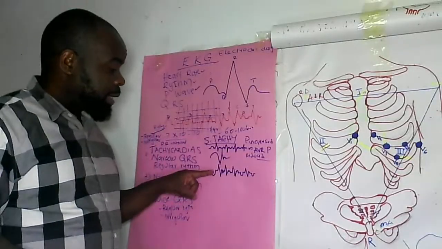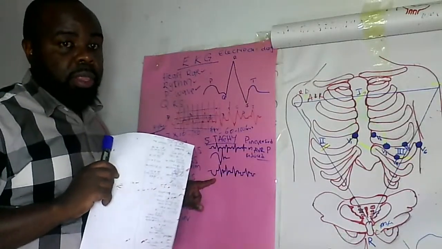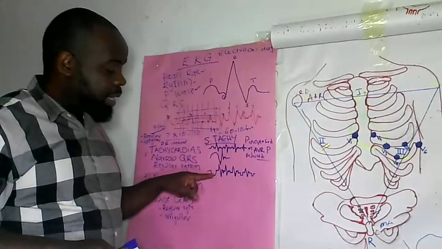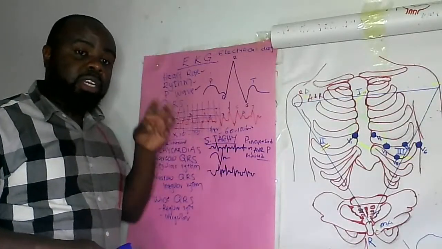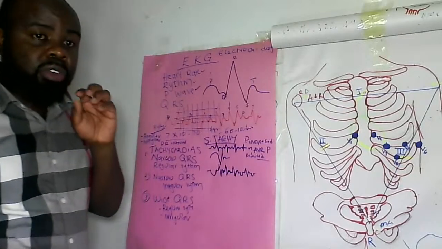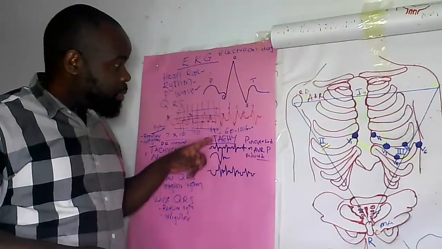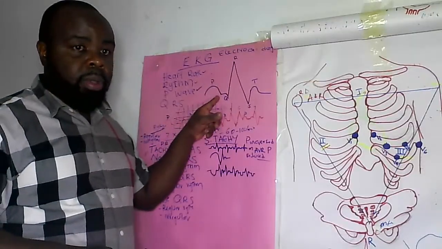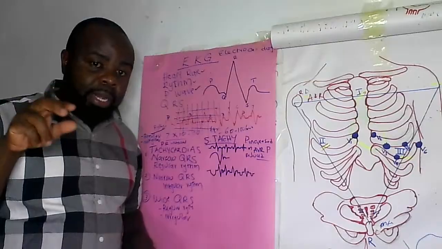So you find that the P wave, because it's of sinoatrial node, the P wave itself comes down instead of normally coming up. Because when the sinoatrial node fires, the P wave is supposed to go up. But now you have a focal point that is producing some electrical system.